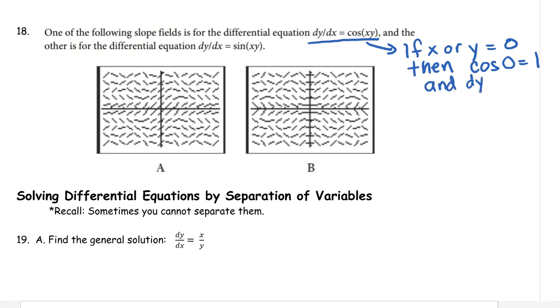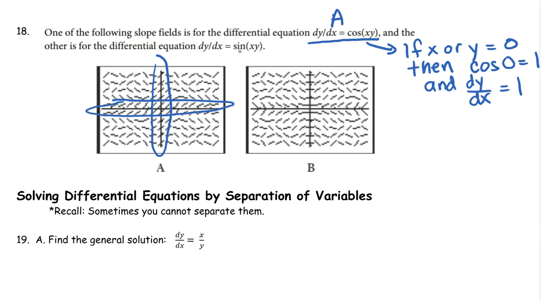So dy/dx would be equal to a slope of 1 on either of the two axes. Notice here on this vertical axis we have horizontal tangents, but on this axis we have slopes of 1, and on this axis we have slopes of 1. So we've already identified that that should be A.